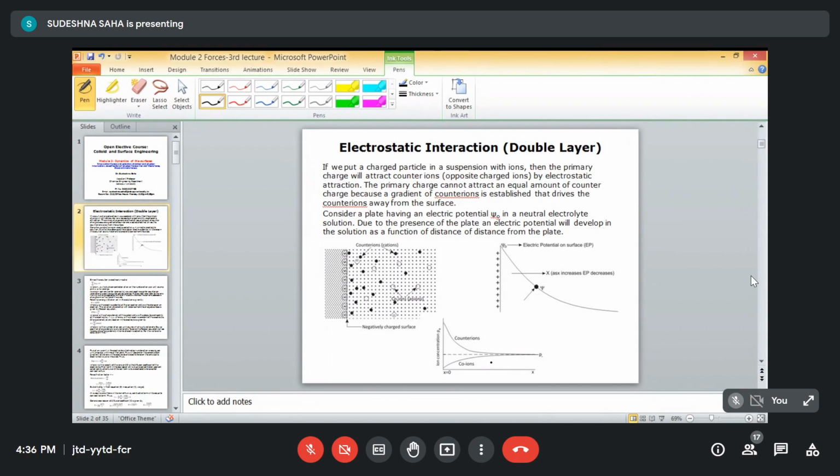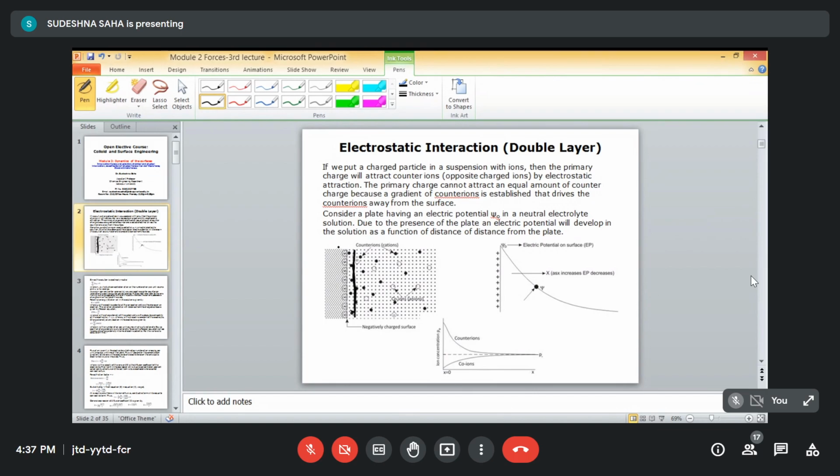So that is in a nutshell what we talked about in the last class, and we said that when there is a positive or negative charge on the surface, then obviously the counter ions will come closer to the surface, and it seems like there is another layer of charge on the liquid or the fluid side.